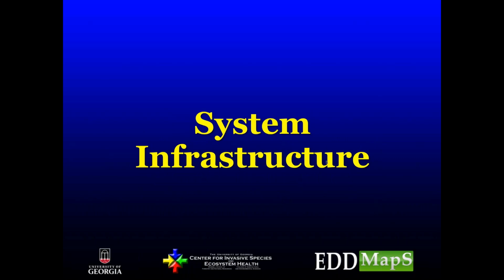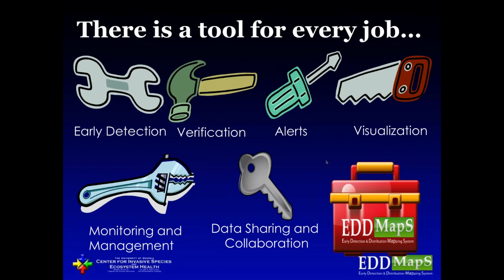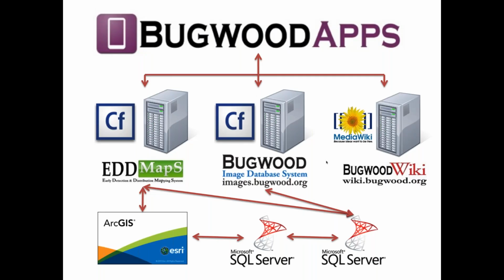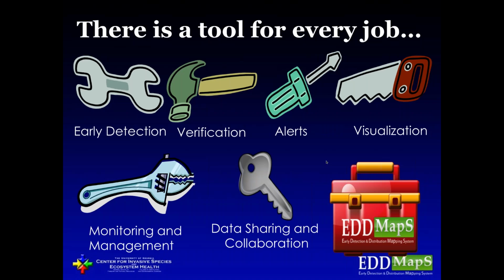We see EDDMaps having a tool for every job, and that's one of which we're going to talk about with the EDDMaps Pro. And then that infrastructure that exists up in the Amazon Web Services cloud, where all the data is instantly available, and you're not dealing with any network lag or server issues.